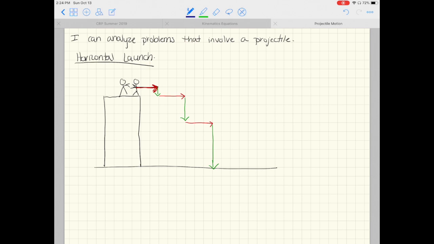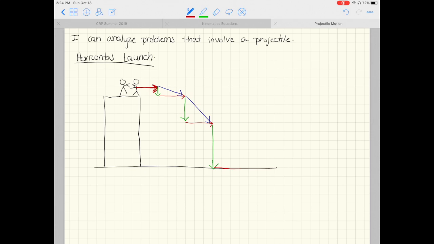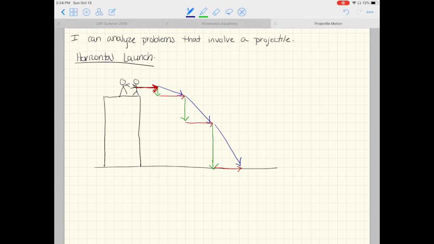So overall, the path this boy takes looks like this. So overall, his path is very parabolic in shape. Now, let's label a few things.